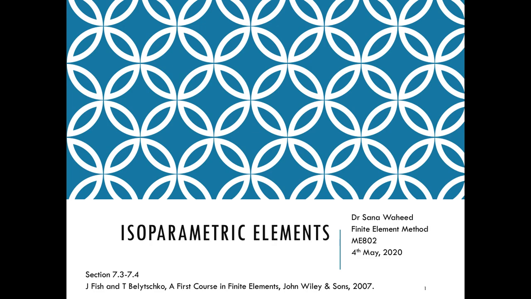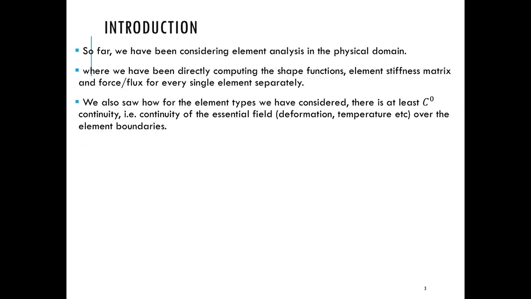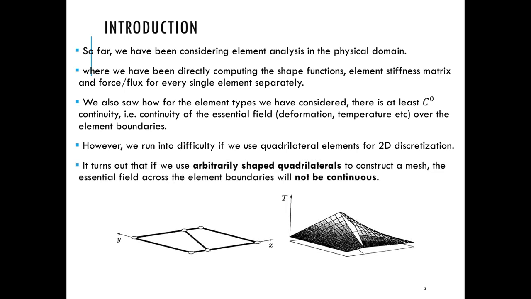So last week we had started on our topic of isoparametric elements, and we used the one-dimensional element example to understand this concept, and we saw how it involves using a universal parent element to map onto our physical domain. The main purpose of introducing isoparametric elements was that when we use arbitrary shaped quadrilateral elements for meshing our physical domain, we end up getting elements which are not C naught continuous.